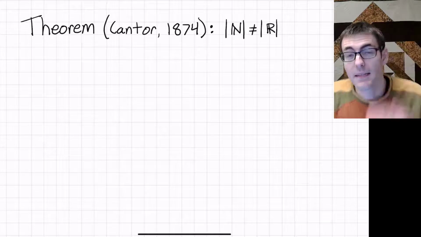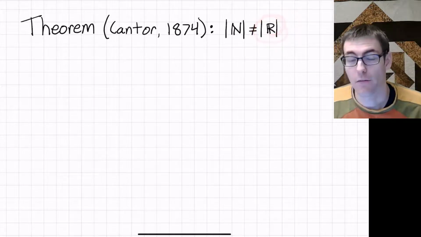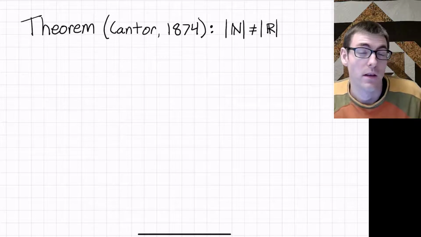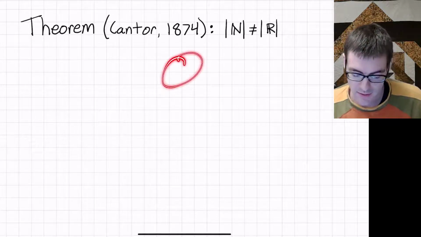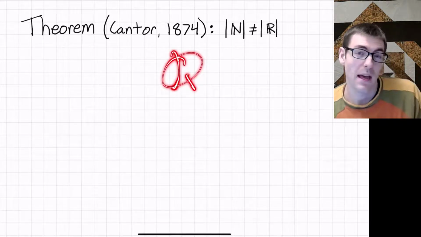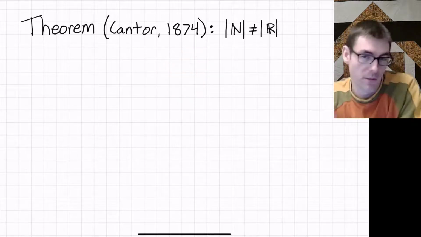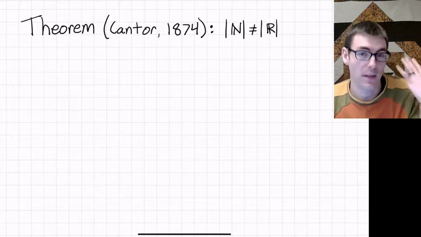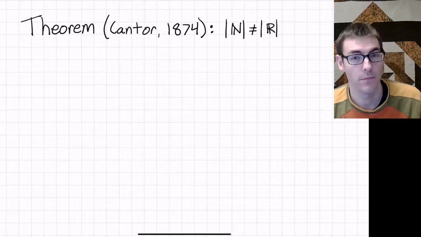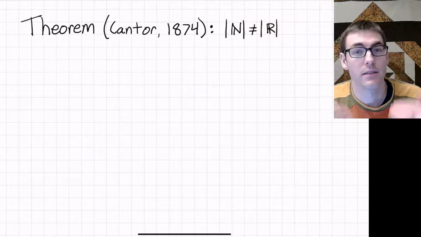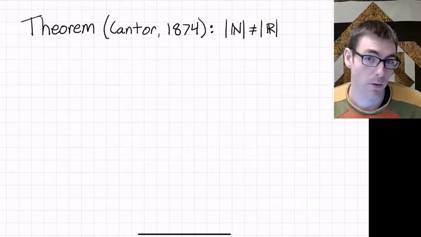There's no way of listing out the entire set of real numbers. Thanks to the diagonalization argument, there was a way to take the set of rational numbers and put them in a certain order, and therefore to see how there's a function between the natural numbers and the rational numbers. This is saying it's not possible to find such an order for the real numbers.